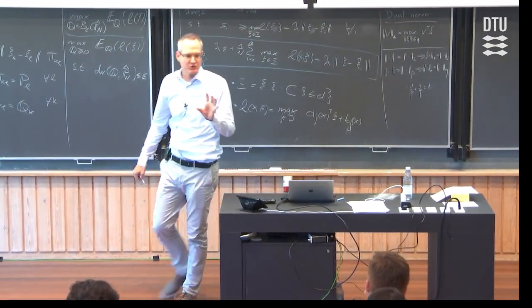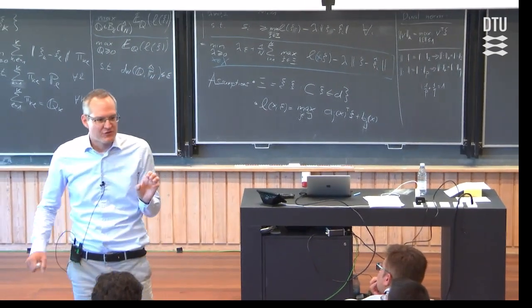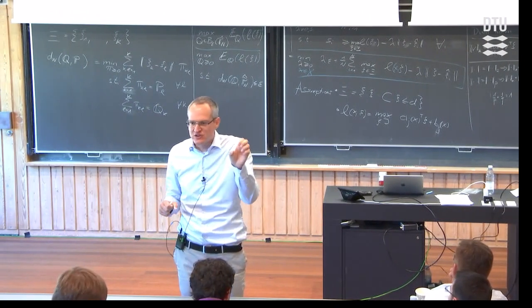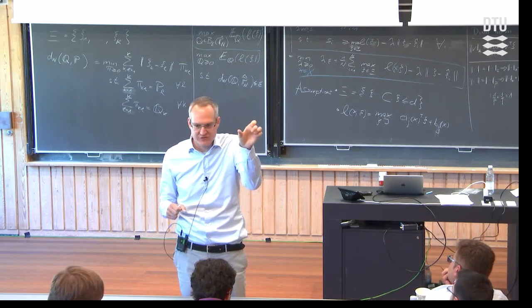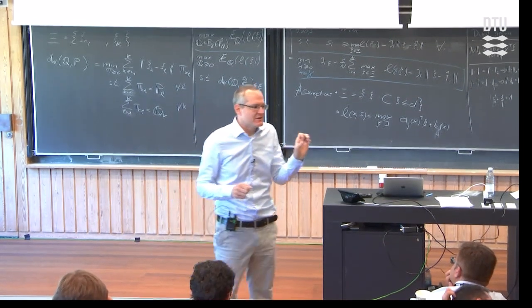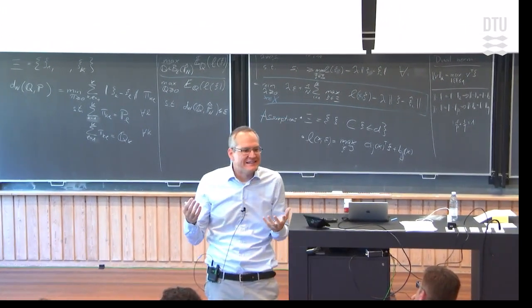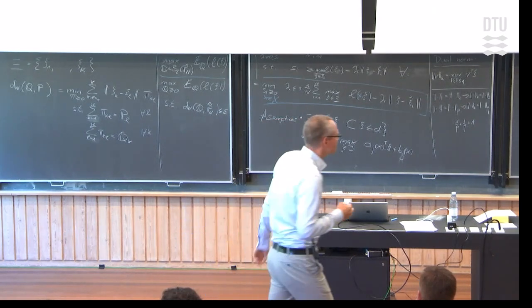And you know the definitions of the 1 norm and the infinity norm, right? The 1 norm of a vector is the sum of absolute values of all components, and the infinity norm of a vector is just the maximum of absolute values of all components. Okay? These two norms are nice because they are sort of polyhedral, right? They lead to linear programs in the end. So that's why we like them.